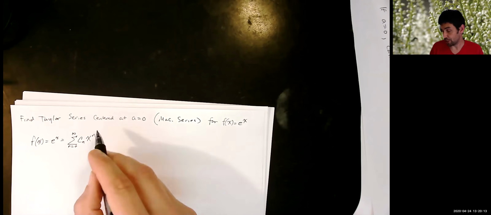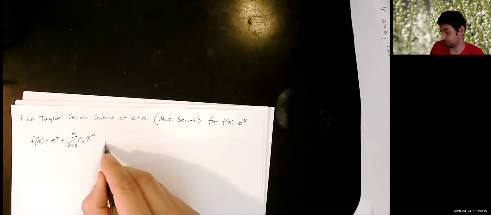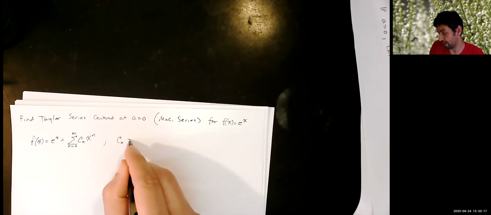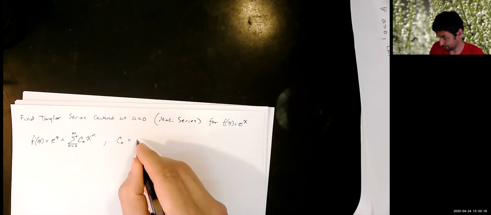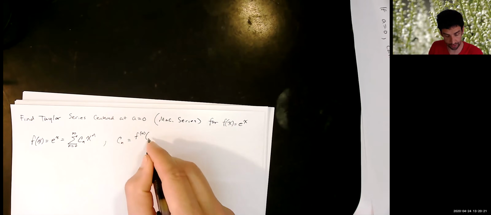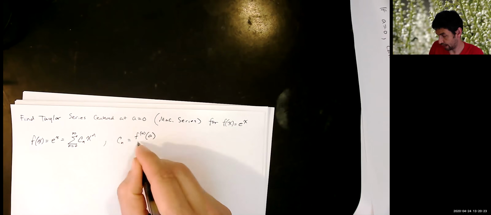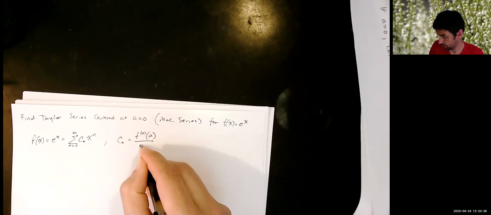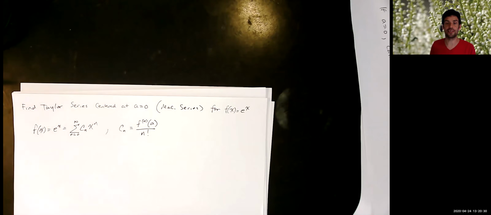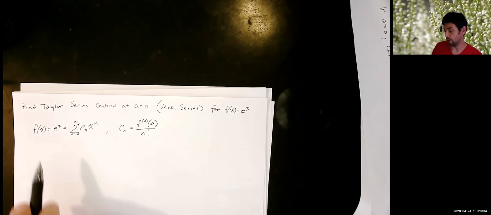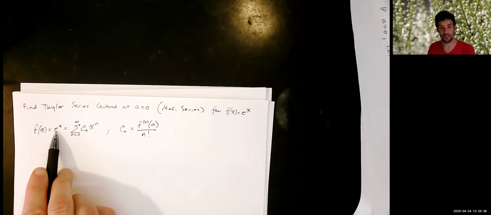And we're going to use what we just discovered, that we know the c sub n's are equal to the nth derivative at a over n factorial. Okay. This is a particularly easy one to find. Why is that? Well, every derivative is the same, right?